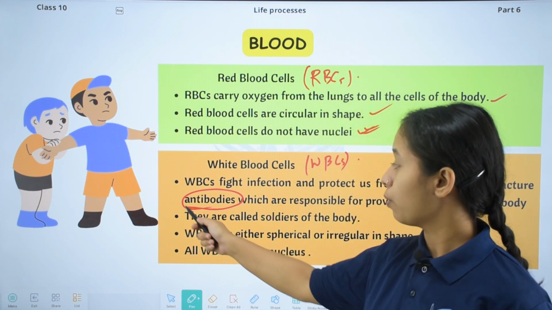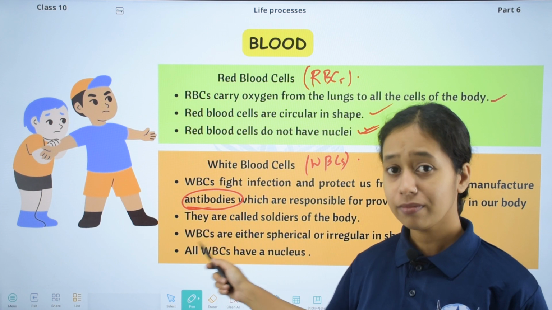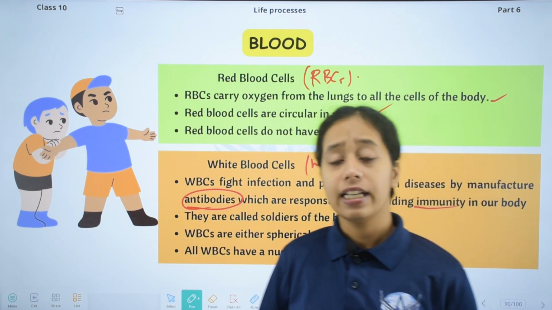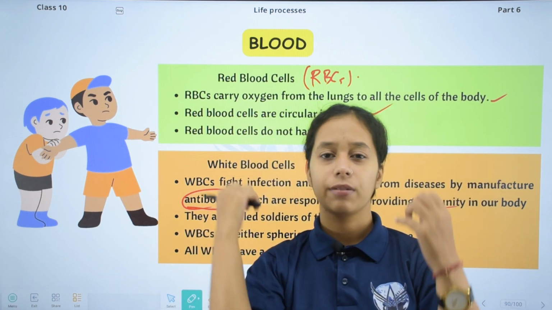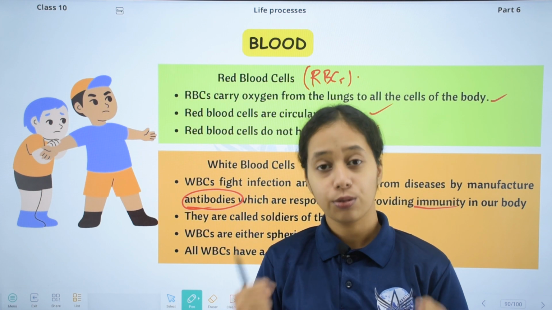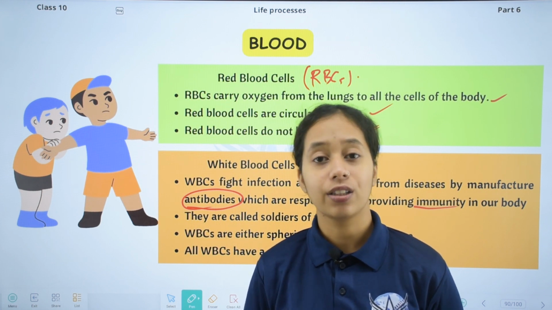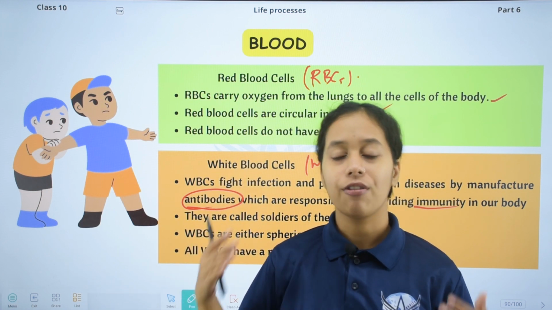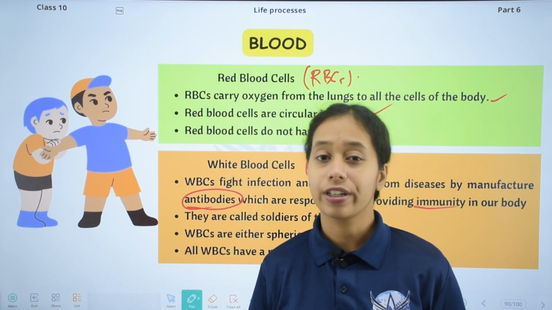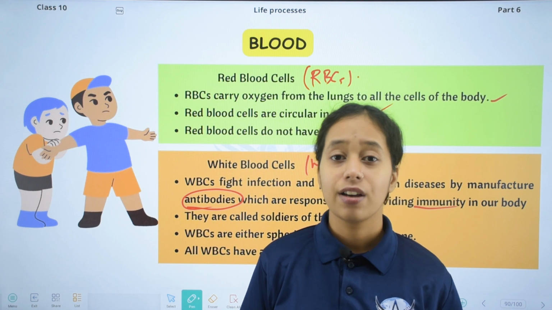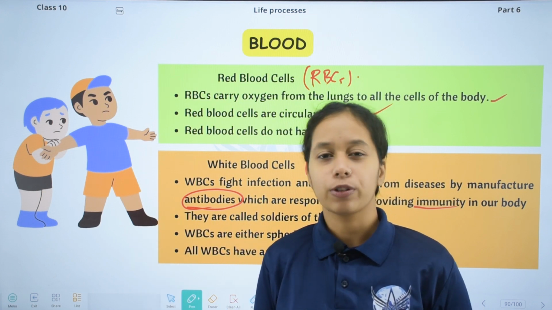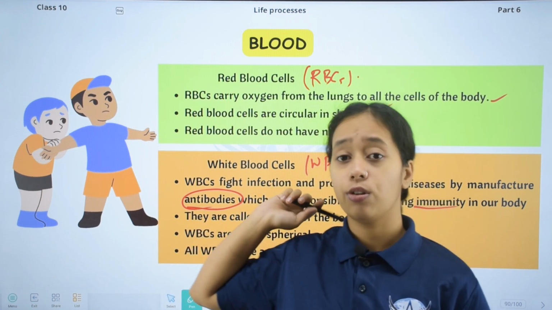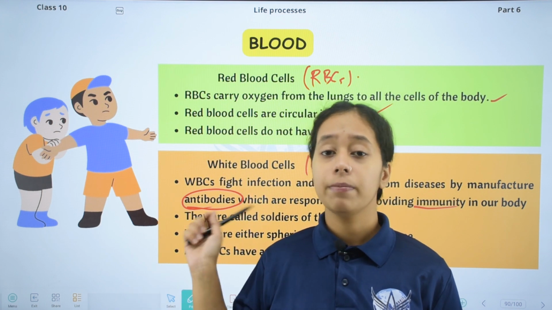They fight by forming antibodies. These antibodies are the soldiers of the blood of our body. They go to the infection and fight, so that our body is well protected from foreign substances, from diseases, from any kind of danger. These antibodies are going to fight. WBCs.